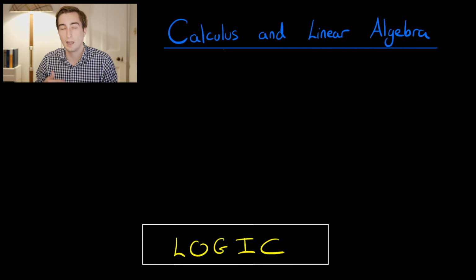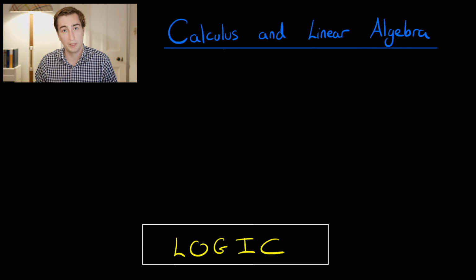And logic is the language in which we do that. So logic is the core to pretty much any component of mathematics, or any rigorous argument. Whenever I want to produce some mathematical proof, whether it be in calculus or linear algebra or some other exotic areas of mathematics, logic is the thing that allows me to construct those proofs in a sensible way.